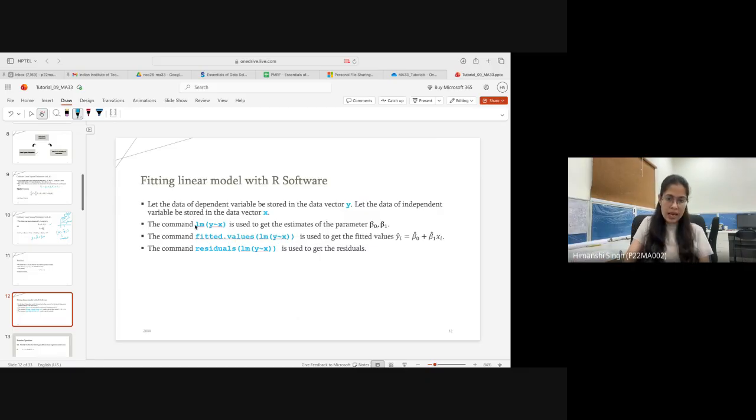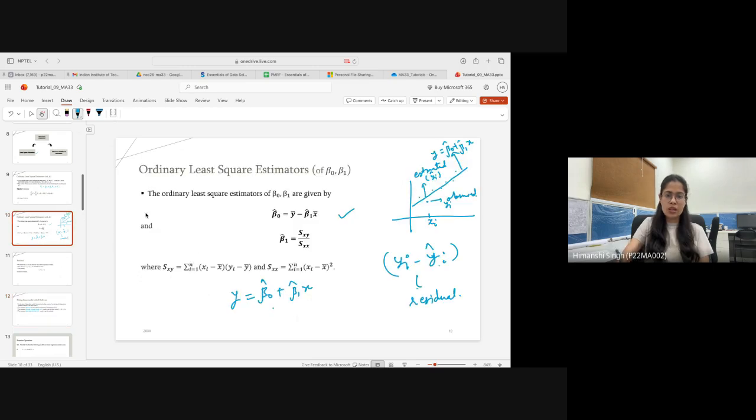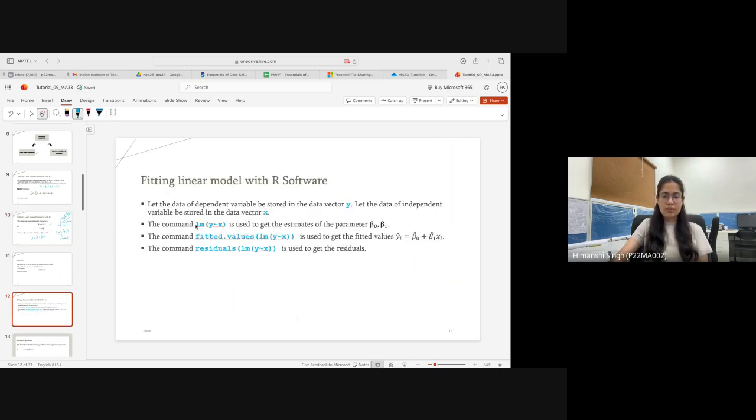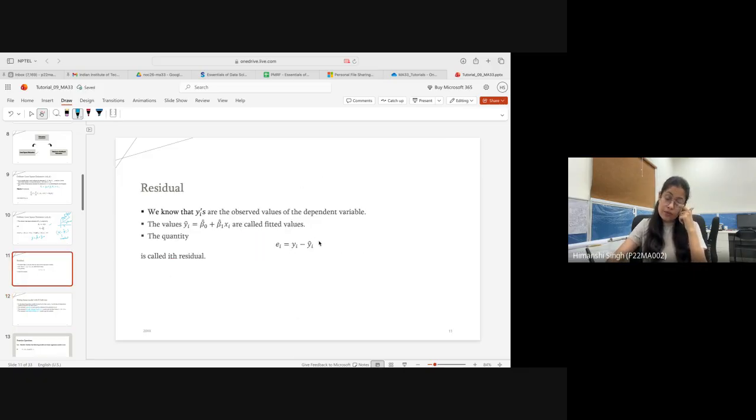Then the command lm(y ~ x) is used to get the estimates of the parameters beta naught and beta 1. We would otherwise have to do this much calculation, but with only this command we can get the estimates.